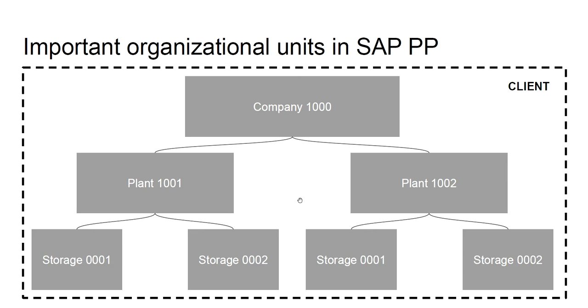So from a management perspective, how could this be understood? The client could be the overall organizational container for the entire company or enterprise, or it could be a business unit that then contains several businesses or business sites.